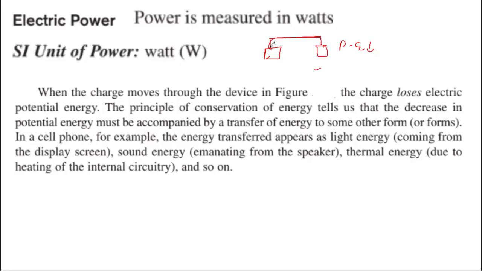Let's say you are charging your phone, so it will start to display. Earlier it was switched off. So this decreasing potential energy will start to appear in this device in the form of some other energy, some sound you're listening to, or you start to feel your phone getting warm, and things like that. So this is conservation of energy.